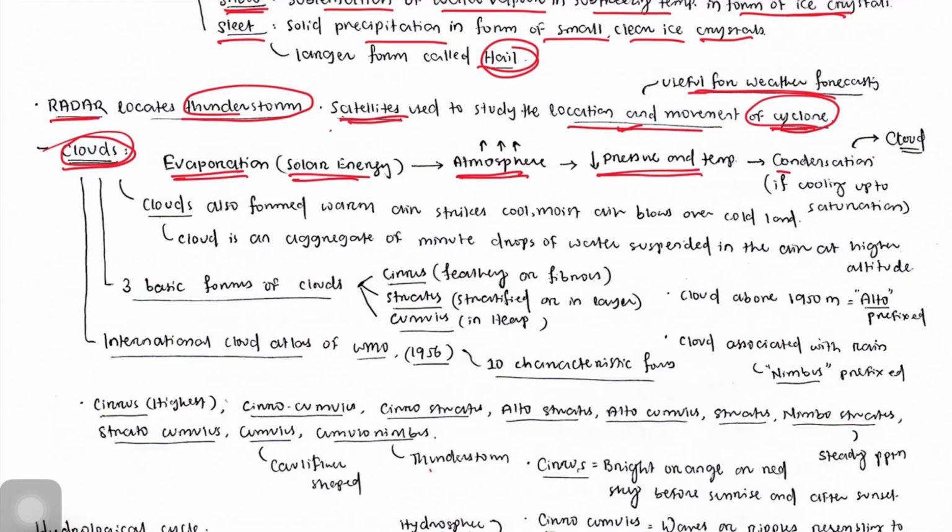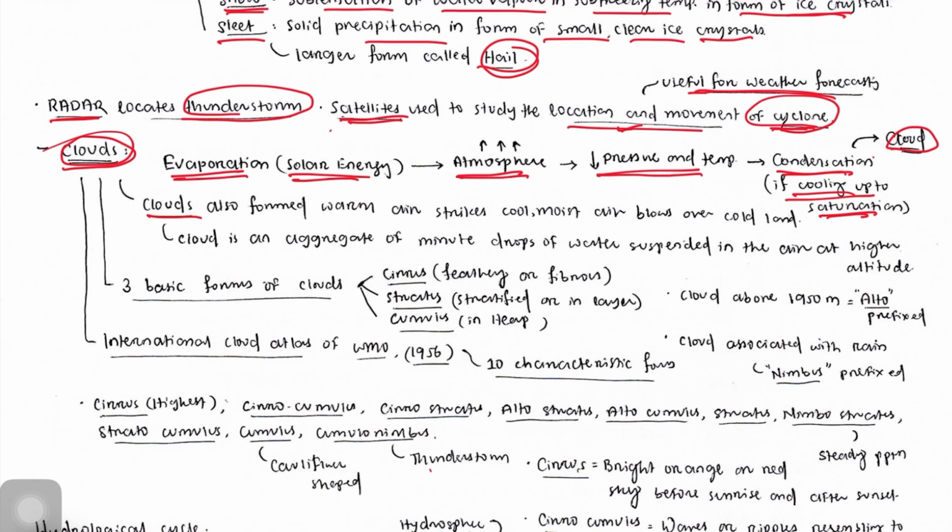So there is condensation, the water vapor converts again into liquid form. Now they coalesce with each other. That means they form larger droplets, and when it cools to saturation, that larger droplet falls to the earth surface. So that is called rain.